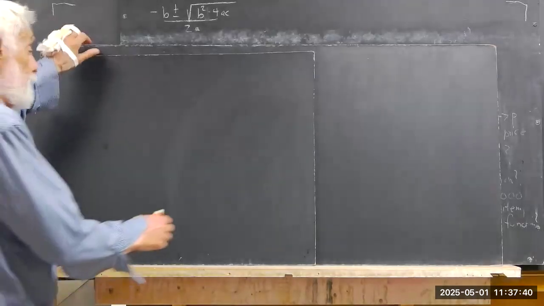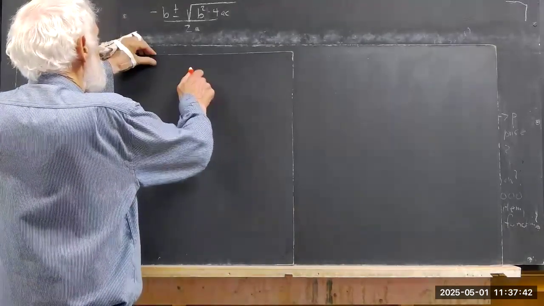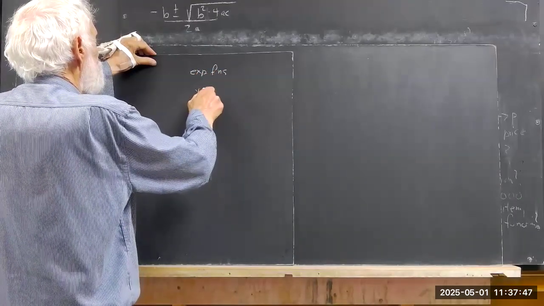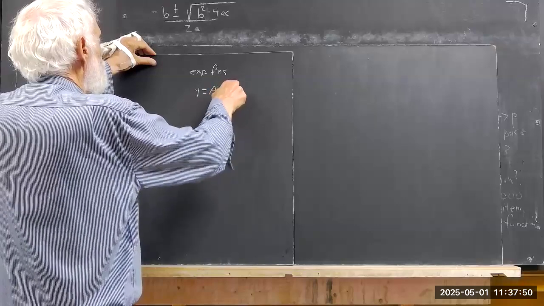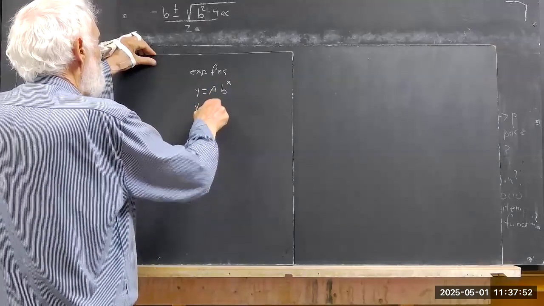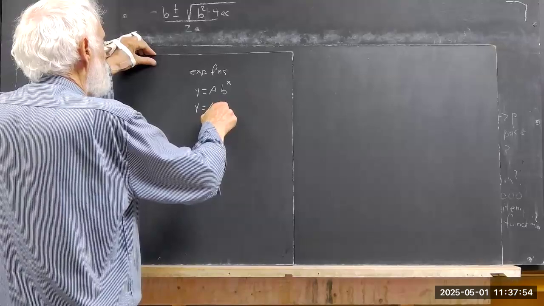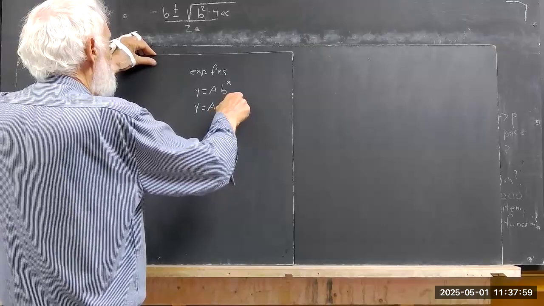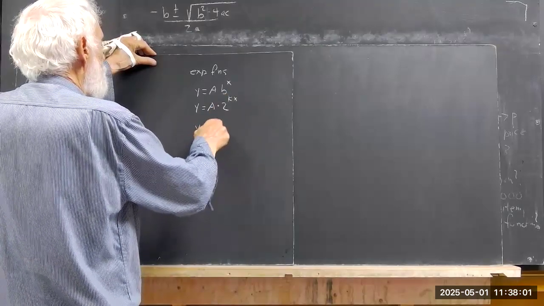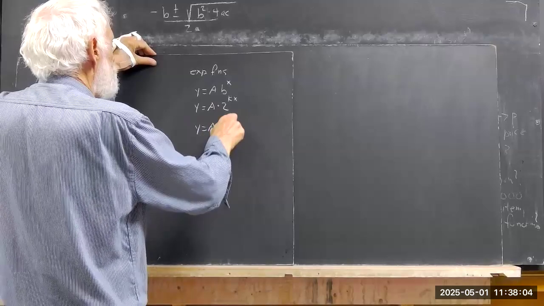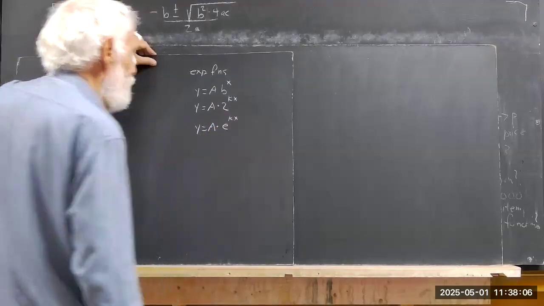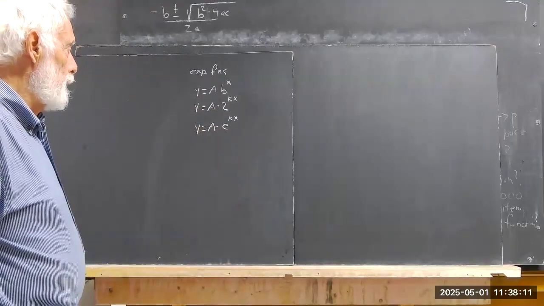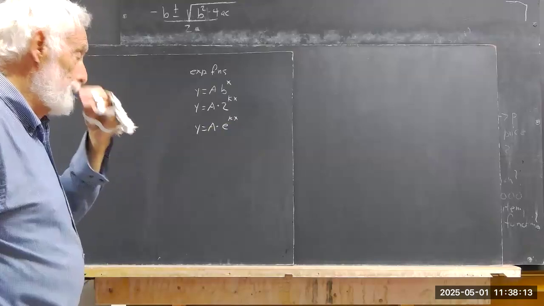So exponential functions. Y equals AB to the X, or Y equals A times 2 to the KX, or Y equals A times E to the KX.